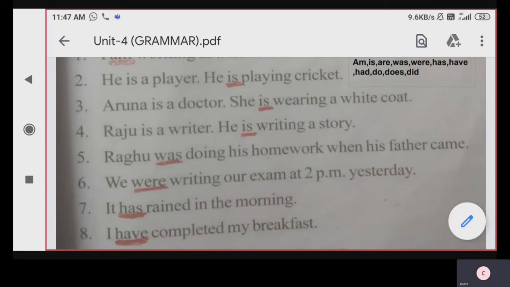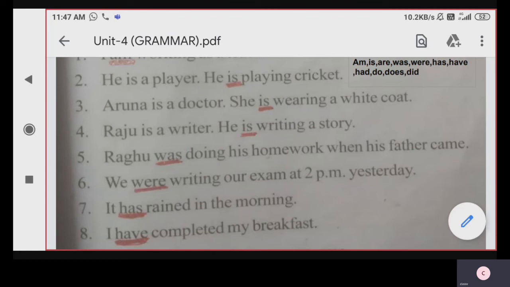Fifth one, Raghu was doing his homework when his father came. Pick out the verbs, children. They are doing and came, right? The word was is used before the main verb doing.